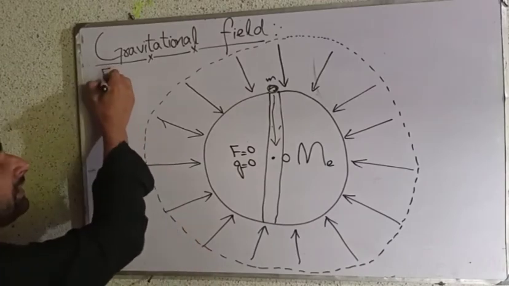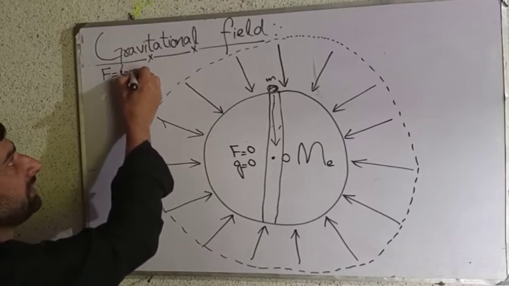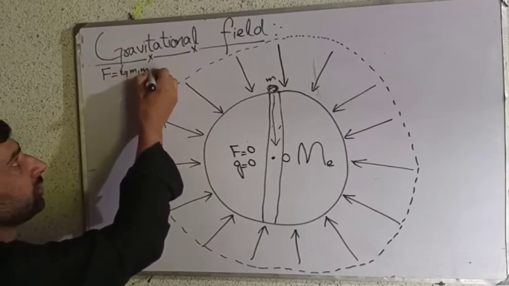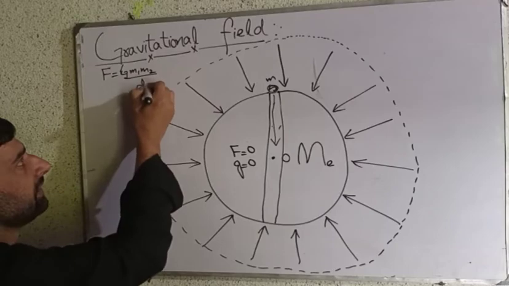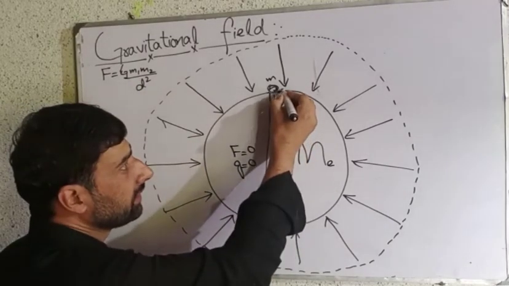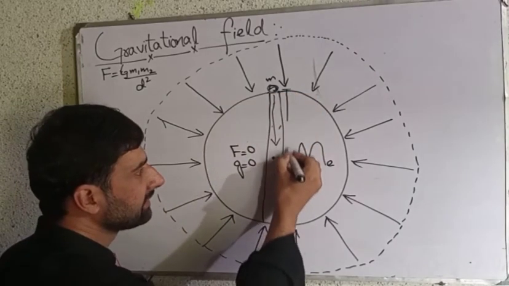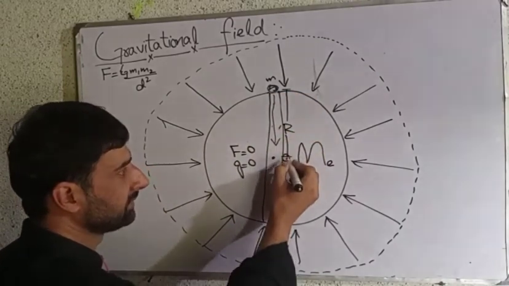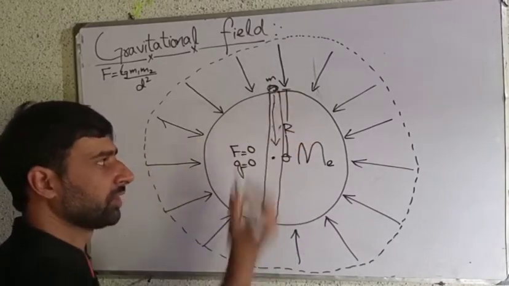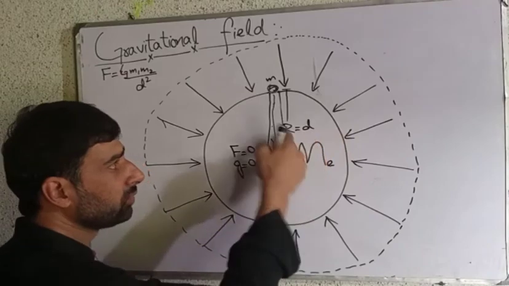We have written Newton's law of gravitation as F is equal to G m1 m2 divided by d square. If an object is placed here, then from the center to this point, the distance is equal to the radius of Earth. This is the radius of Earth from center to its boundary. So here the distance is equal to the radius.